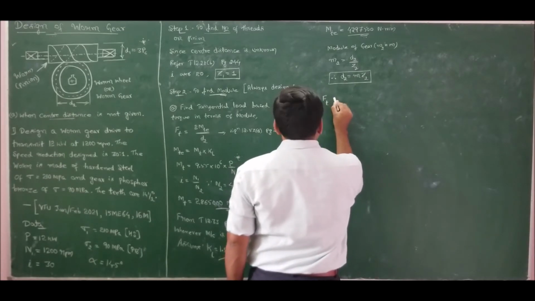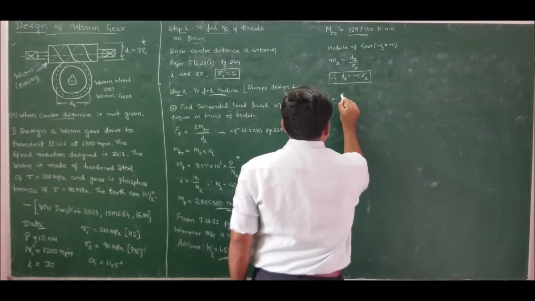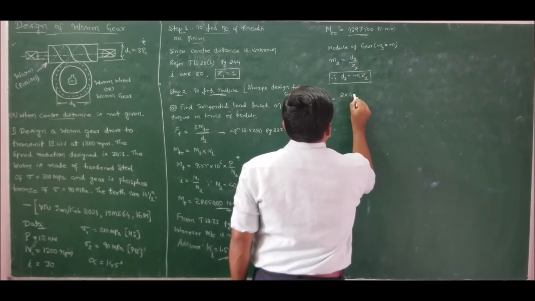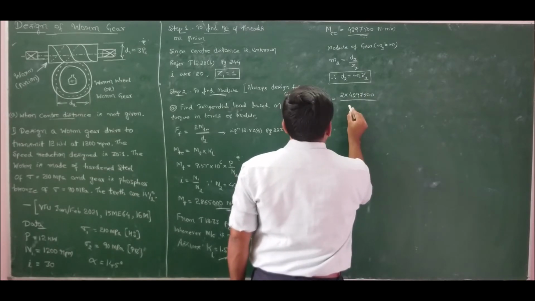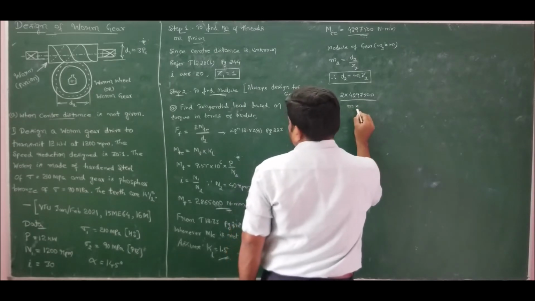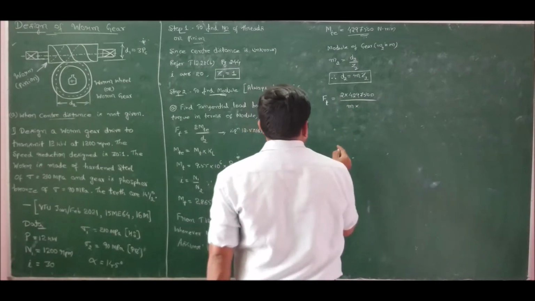So now I can substitute this in equation 12.53d and find the value of tangential load in terms of module as 2 times 429,750 divided by D2, which is m into Z2. So Z2 is also not known to us.